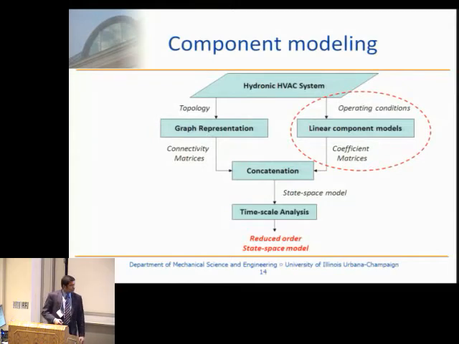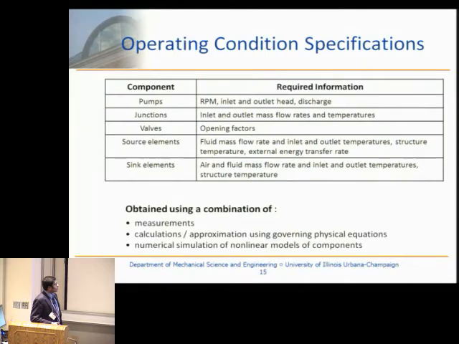After capturing the connectivity information, the next step is the modeling of the individual components, all those components that I showed earlier, the hydraulic components and the thermal components. We want to obtain simple linear models for these components. For that, we need to prescribe certain operating conditions about which we would derive the model.